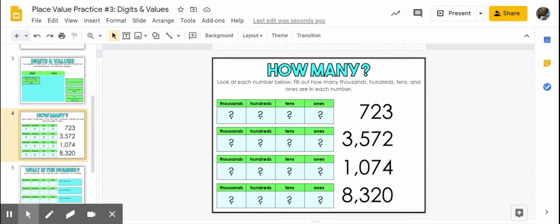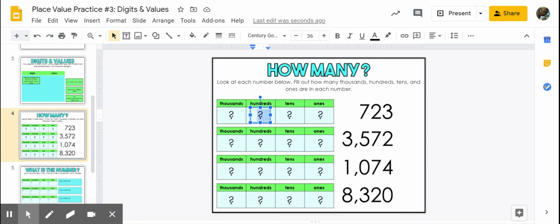But it does have 700s, so I would put a 7 in my hundreds column. 723 has a 2 in the tens column, and 723 has a 3 in the ones column. So the 7 represents 700, the 2 represents 2 tens or 20, and the 3 represents 3 ones or just 3.